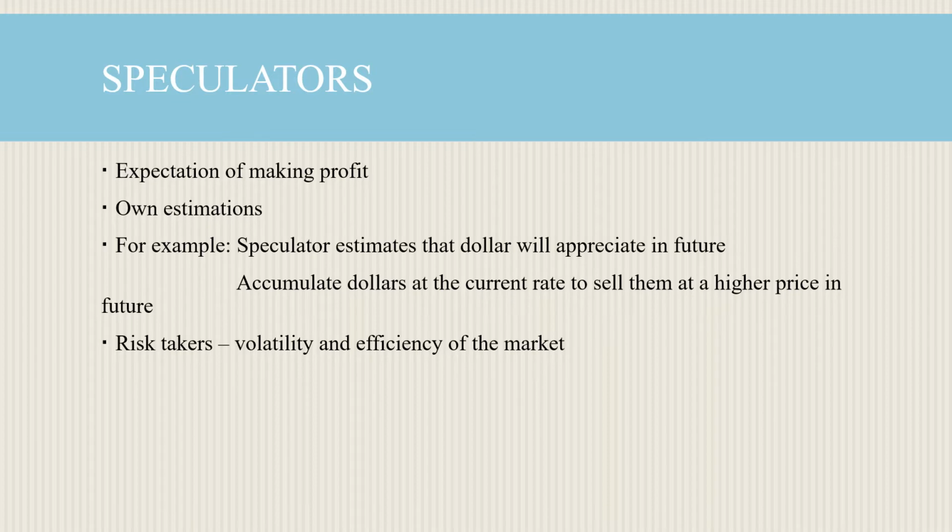For example, the speculator is acting upon his own estimation. In this case, he estimates that the dollar will appreciate in the future. So what he does at present is buy dollars at the current rate, with a view to sell them at a higher price in future.